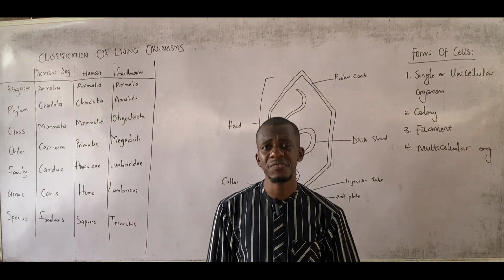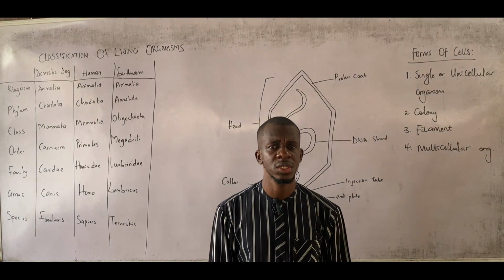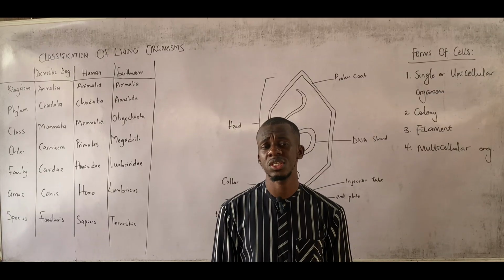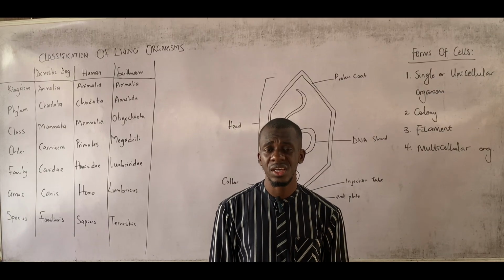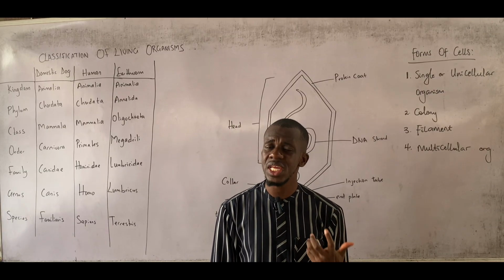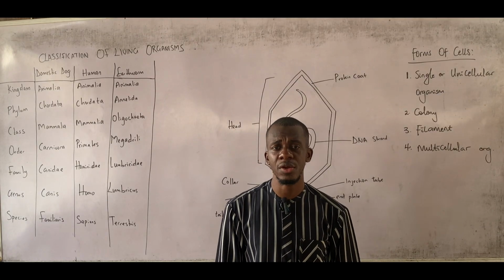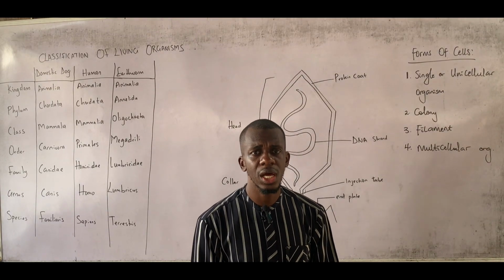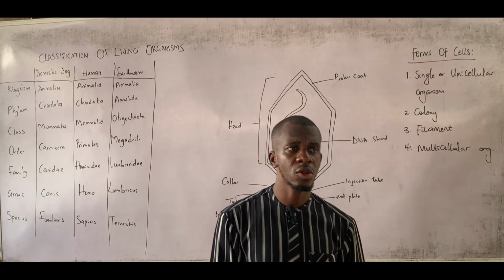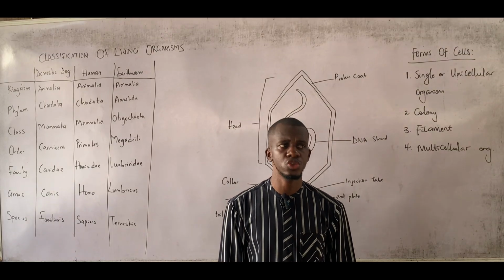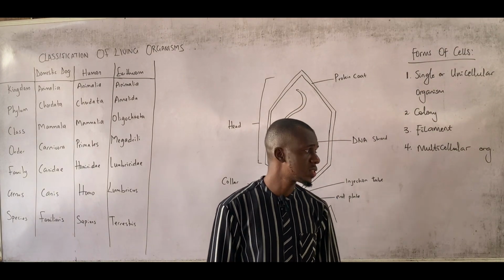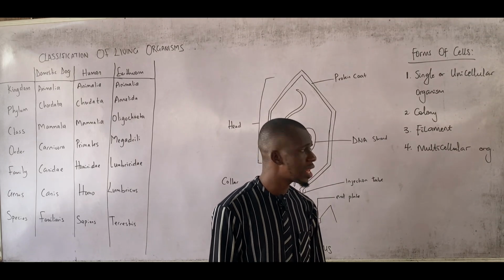Number three, we have filamentous organisms. These are simply organisms or cells that exist as filaments. We have two main examples here, Spirogyra and another organism we call Oedogonium. So they are filamentous.